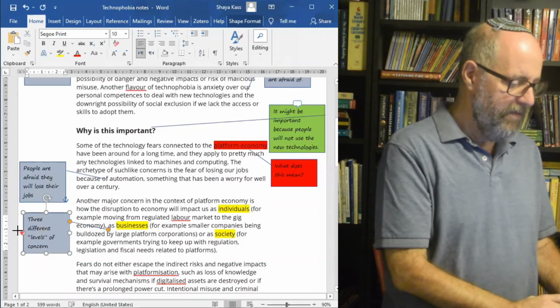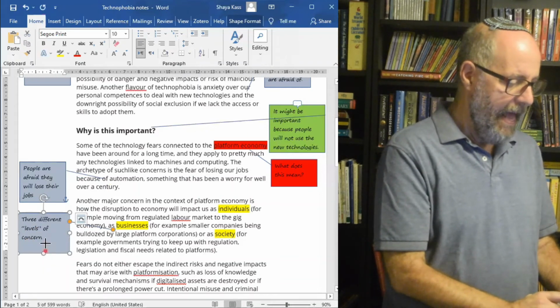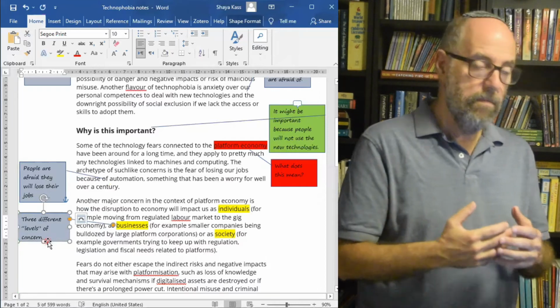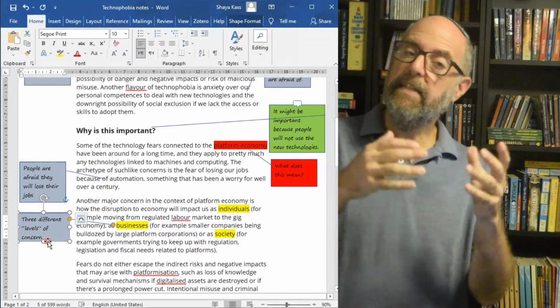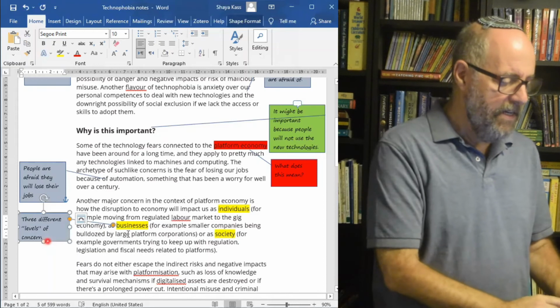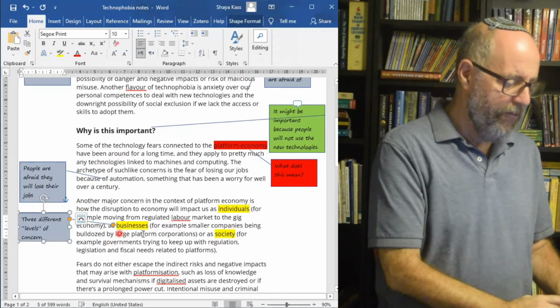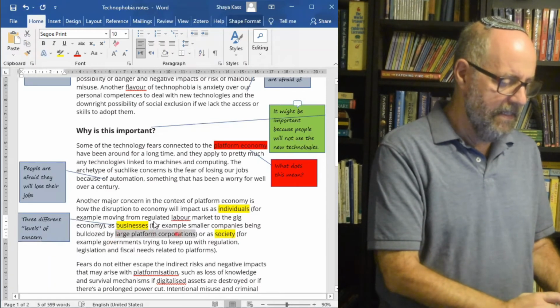Okay, so there's three different levels of concern, and that's also why it's important, because it affects us at different levels. Now I did notice here it says large platform corporations, talking about businesses.